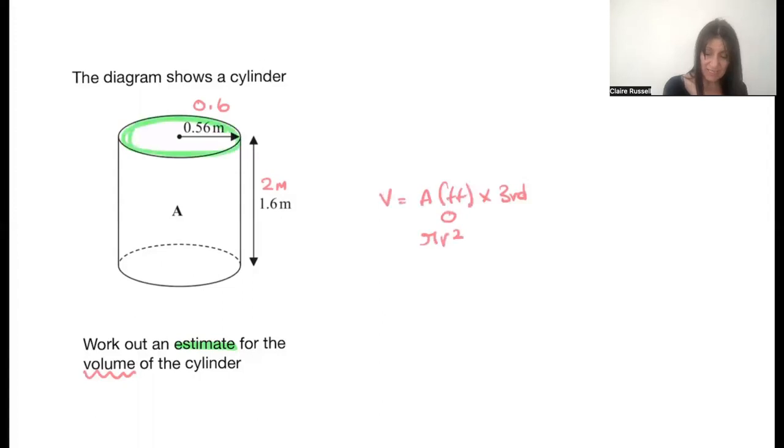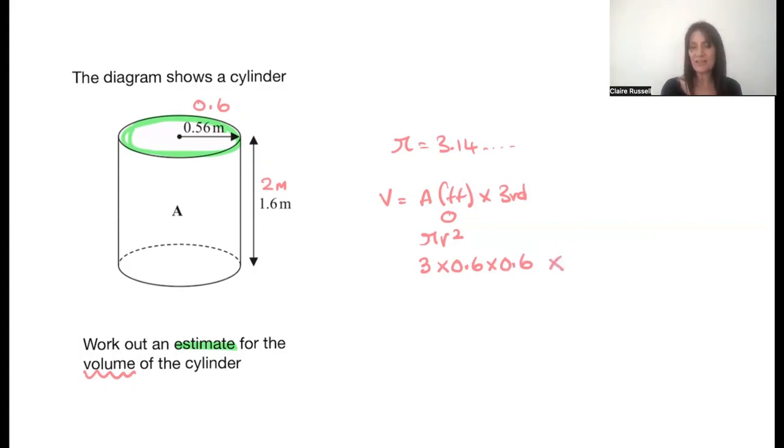Now we have the radius, that's 0.6. Pi, we need to use a value, an estimate. Pi is 3.14 and on it goes. So I shall be using 3. So 3 times 0.6 times 0.6, that is going to give me the area of the front face, which I then times through by the third length.